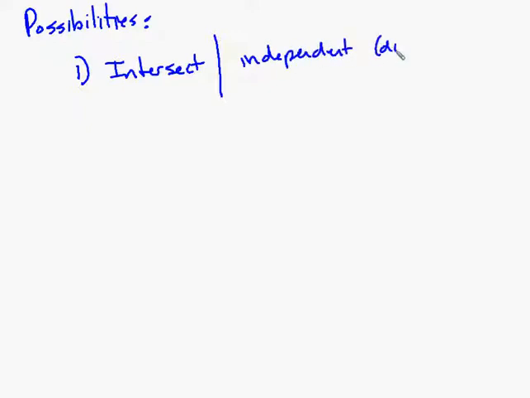As I graph these, we have a few possibilities. Possibility 1, they intersect. If they intersect, I have a system that is independent, meaning I have different lines, and consistent, meaning I have an answer.